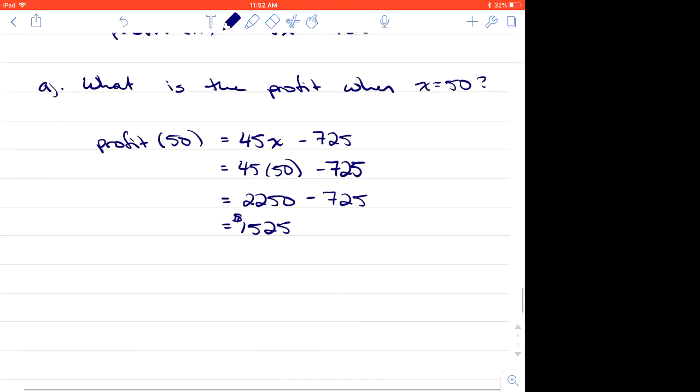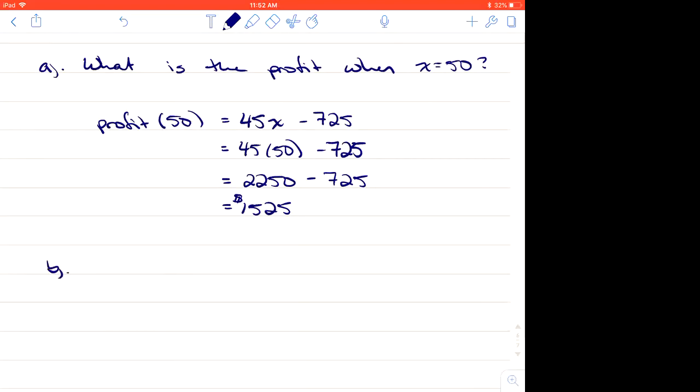Okay. What if I asked you, how many items do you have to sell if you have to make 0 profit, right? There's costs associated with production, and so that's the 725. So you have to make at least 725 to hit that 0 profit mark.